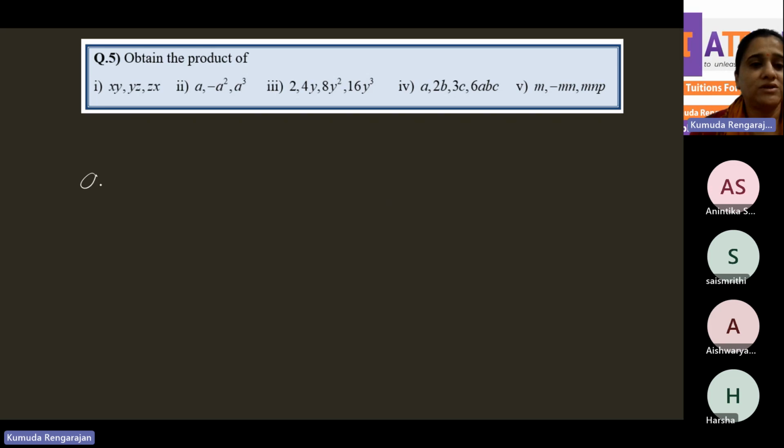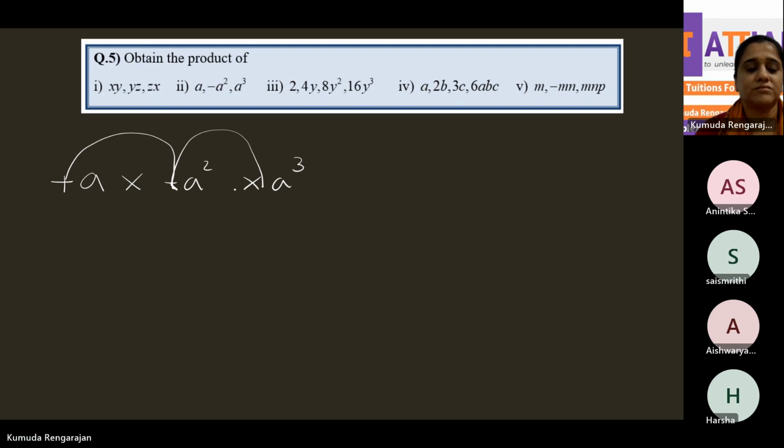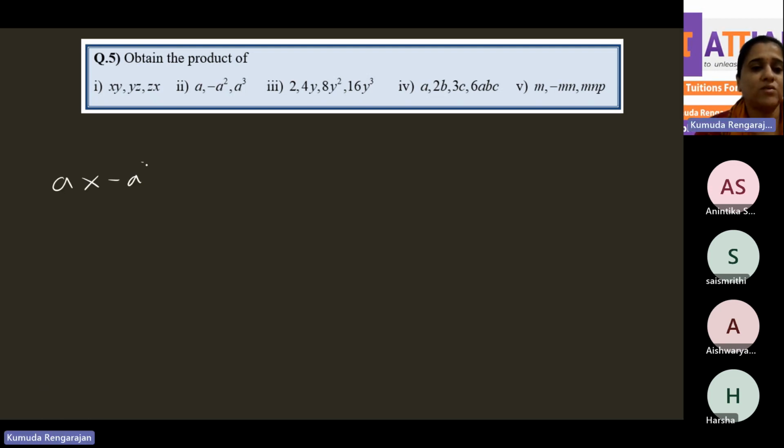Okay, so why did I mention that? In the second one, you need to find this product. So minus a squared. So plus into minus, minus into plus, minus. A into minus a square into a cube. We need to find the product. See, there's no sign on the first one, that means plus. So the product is negative.